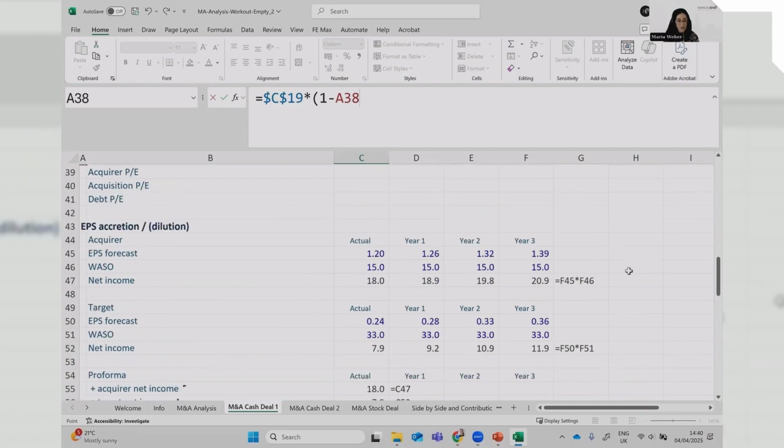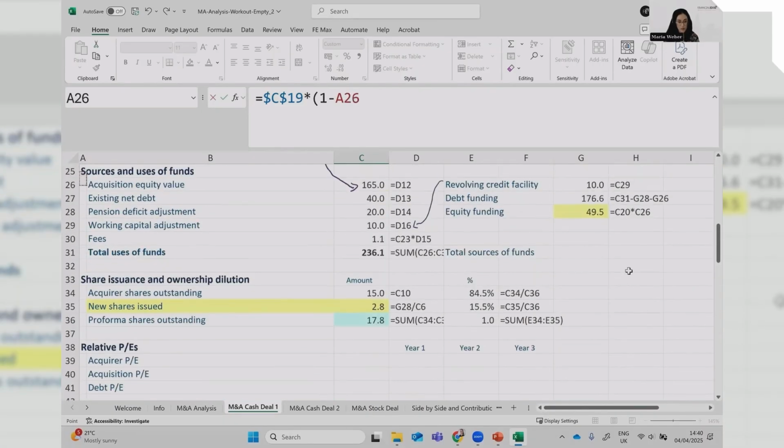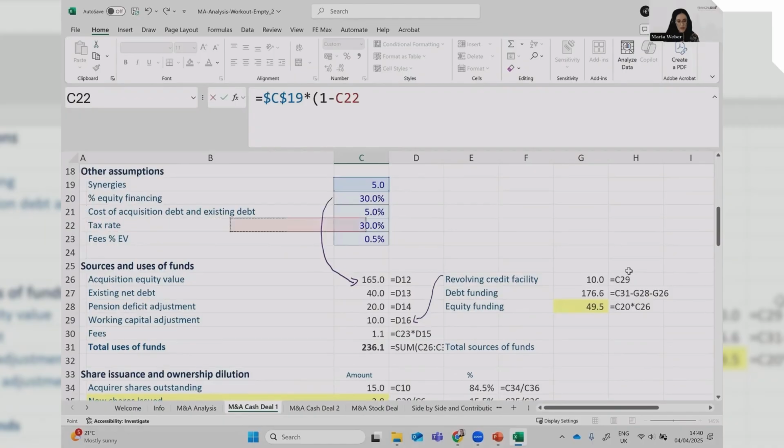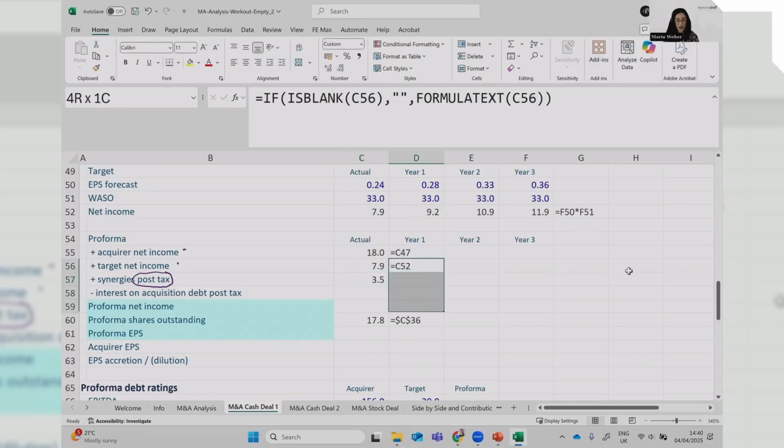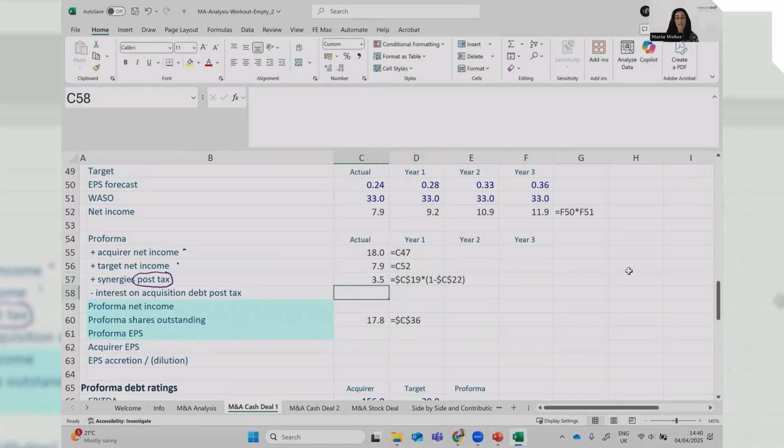The tax rate that we have got, I think it was 30%. I'm going to press F4 to lock onto that as well, because we're going to want to copy to the right. And so I have got after-tax synergies of 3.5 million per year. So 5 million is the synergies before tax. I've got to give 30% of my profits to the tax authority, so I'm left with 70% in my bottom line.